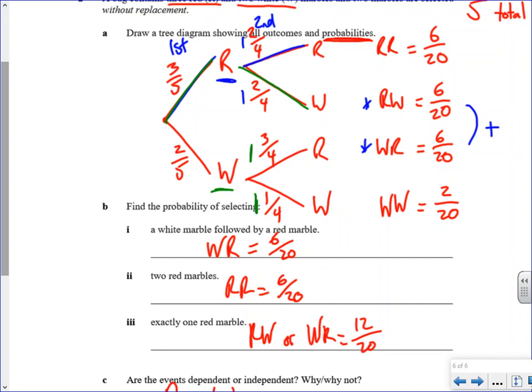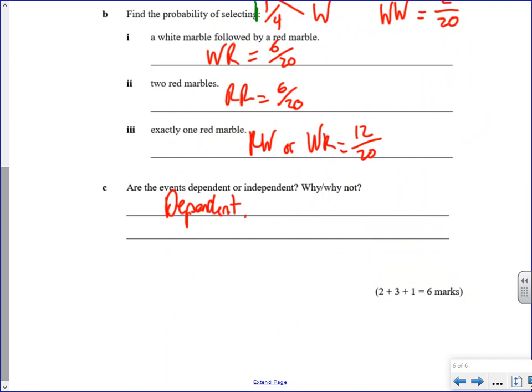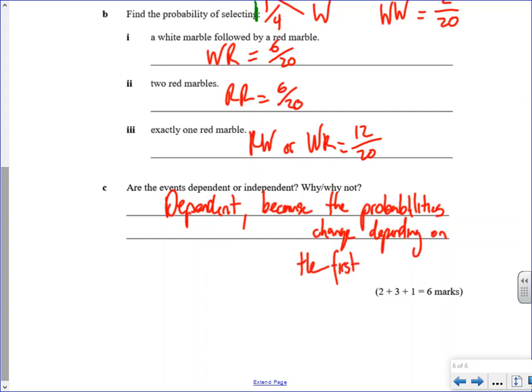See how the probabilities change? That means the events are dependent on each other. So dependent because the probabilities change depending on the first choice. Basically, whatever happens in the first stage will affect what happens in the second stage.